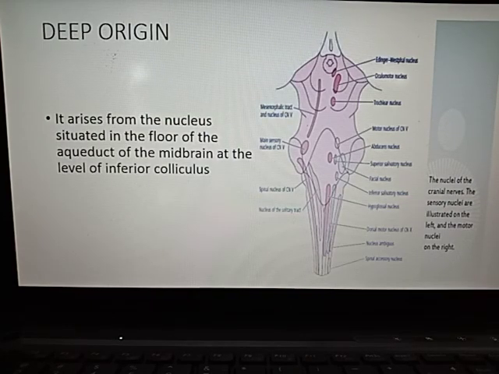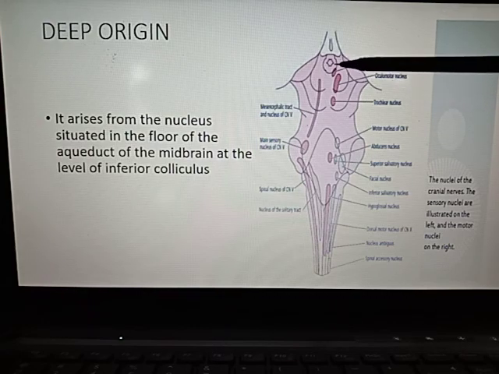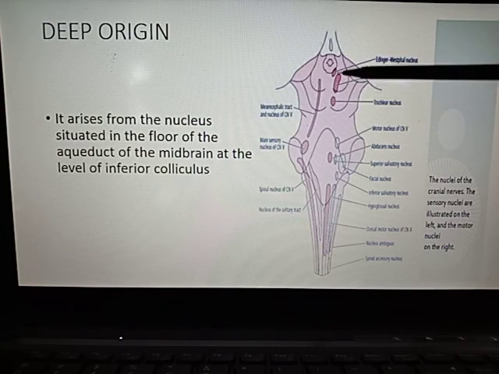Then come to the deep origin of this trochlear nerve. It arises from the nucleus situated in the floor of the aqueduct of the midbrain at the level of the inferior colliculus. It lies dorsal to the medial longitudinal bundle. This nucleus lies in a line with the nuclei of the oculomotor, abducens and the anterior horn cells of the spinal cord. Previously, this is the Edinger-Westphal nucleus and the oculomotor nucleus.